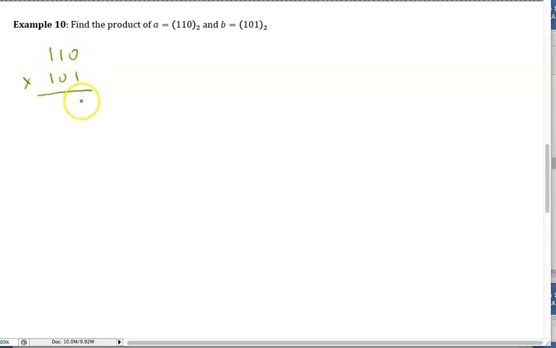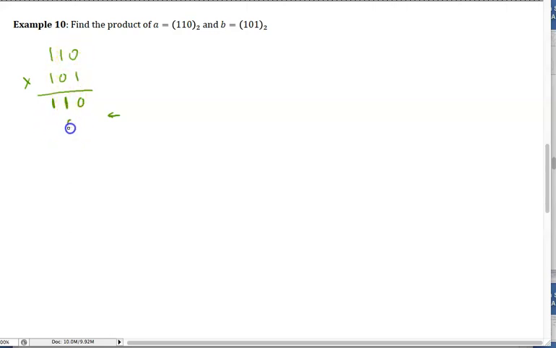So 1 times 0 is 0, 1 times 1 is 1, 1 times 1 is 1. And now this 0 belongs to 2 to the power 1, so we move it a space inward. We're going to put the answer starting under this one because we're at a different place value.